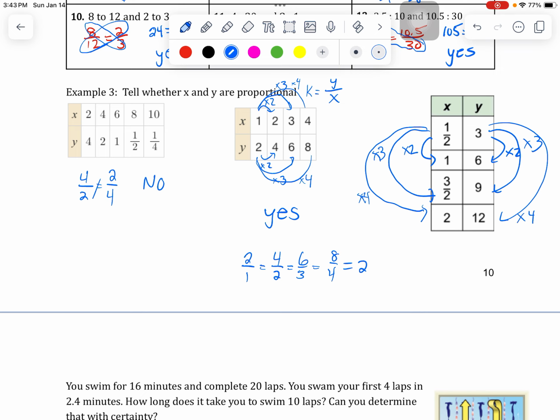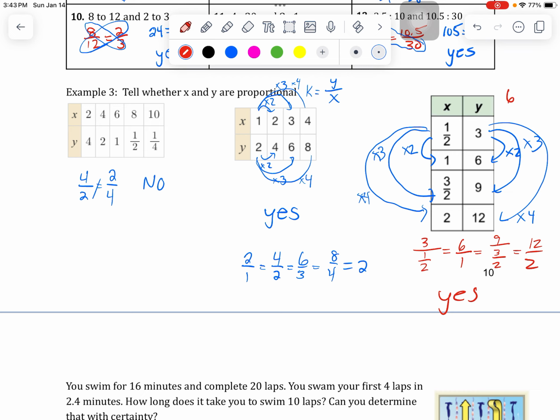Okay, again, I can also decide that by doing y over x. So 3 over 1/2, or 6 over 1, 9 over 3/2, or 12 over 2, right? Each of these simplify to 6. So this one is proportional.